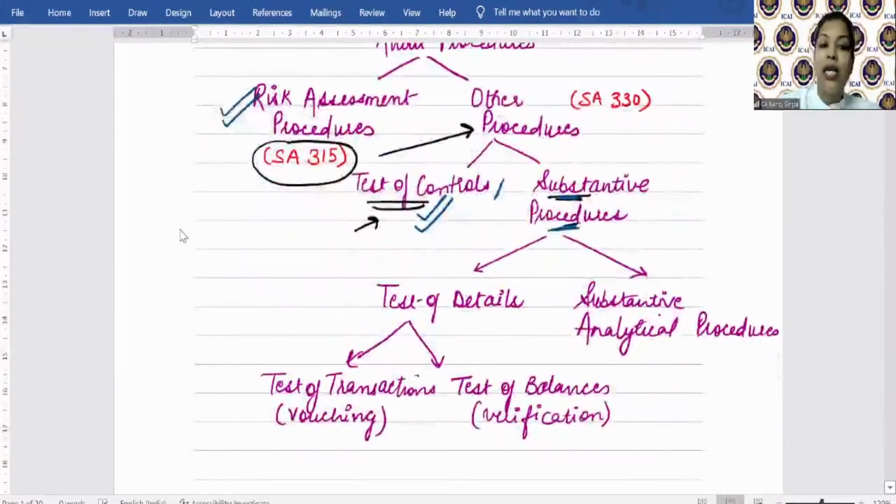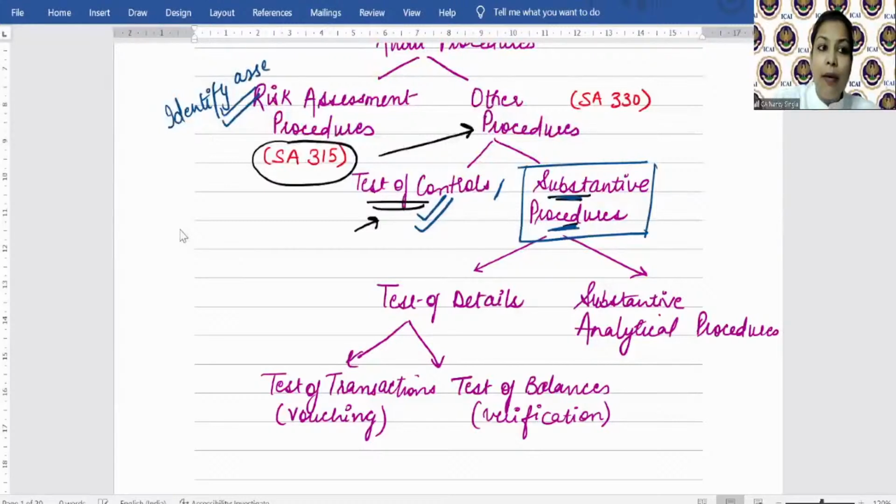Now, what are substantive procedures? Here the auditor has identified and assessed the risk by obtaining understanding of what? Entity, environment and internal control. In order to respond to that risk, if the auditor intends to rely on internal control, the auditor will perform what?